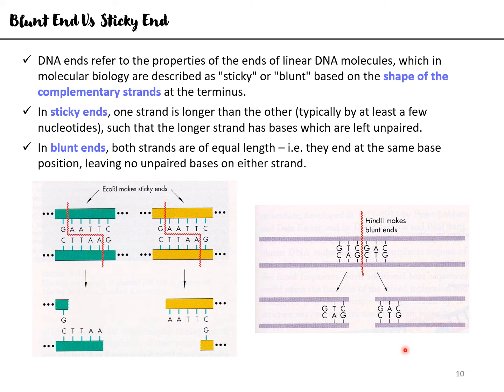So for ligation, that is for joining these two fragmented DNA strands together, sticky end ligation is better than blunt end ligation. Or if I reframe it, blunt end ligation is more difficult as compared to sticky end ligation. Because in blunt end ligation, the probability that these two ends will come in close enough proximity for the enzyme to act is lower.